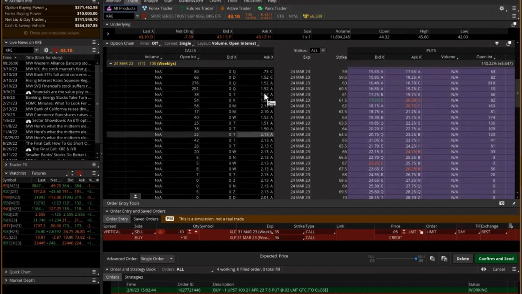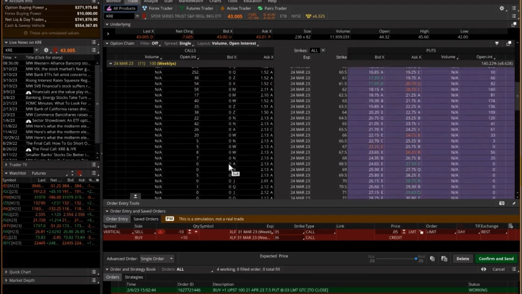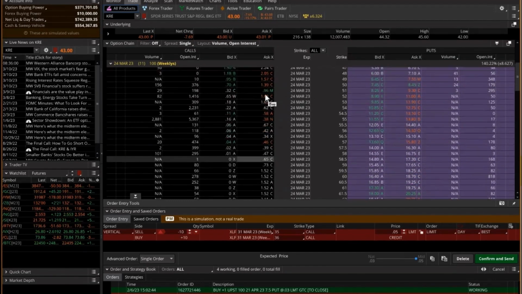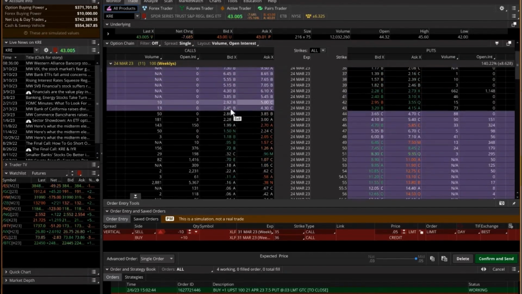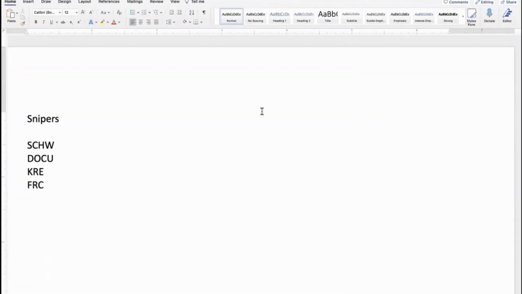The market makers aren't even letting you sell these up here. You can for zero, or they'll give you something for it, but they're really making it hard to get out of these out of the money options. At the money, even that's where we kind of should look. The slippage is about 25% wide currently on the KRE. So we've got to be careful on all of these.